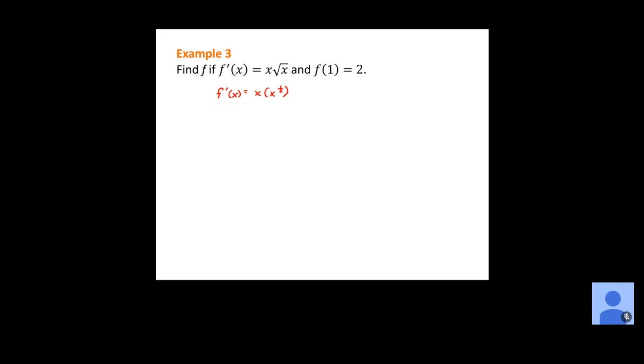So is there any way I could simplify what we've got there? Okay, so it is a product, right? So we don't know, again, how to deal with products in terms of finding antiderivatives. So let's just go ahead and multiply that together. What's x times x to the 1/2?